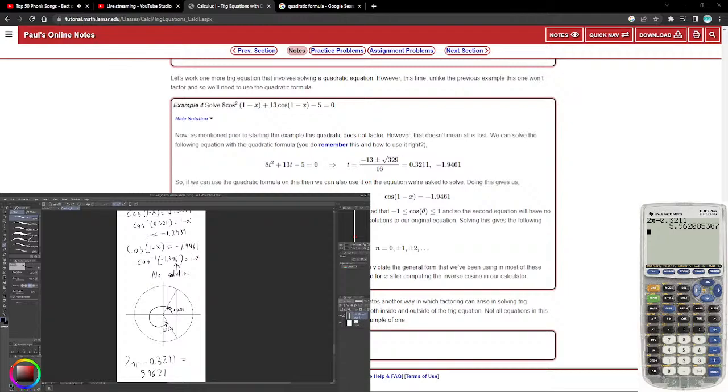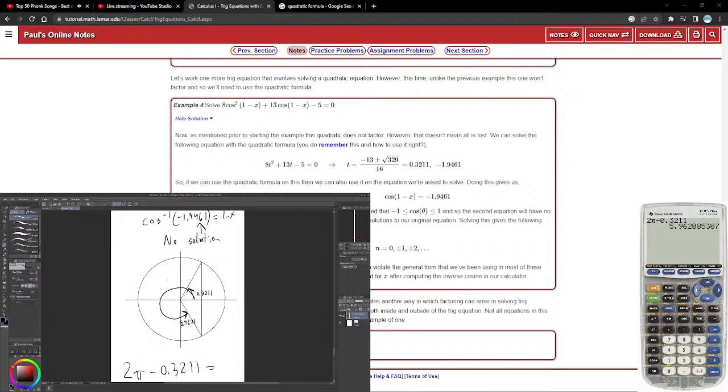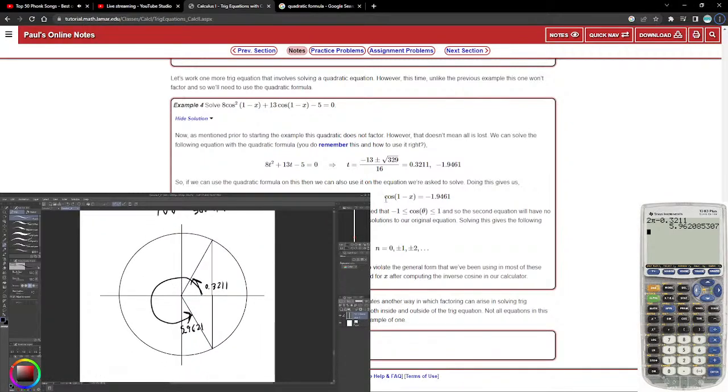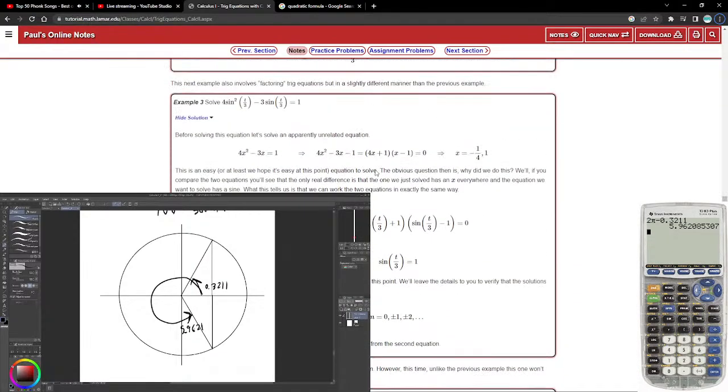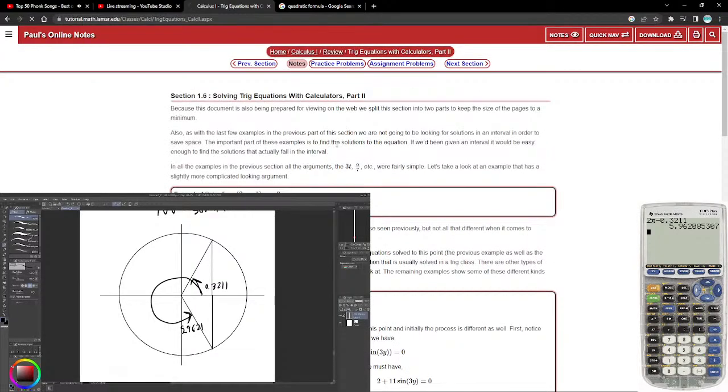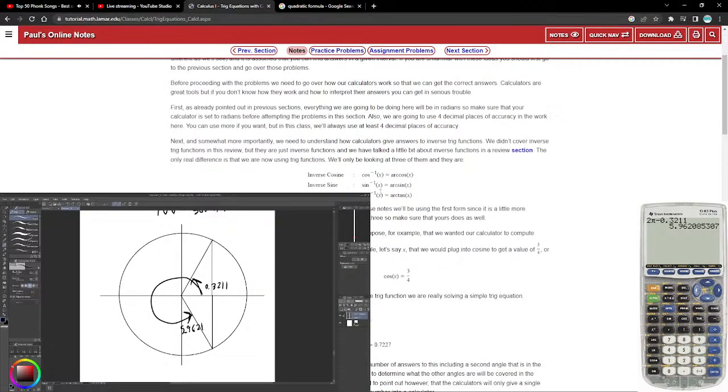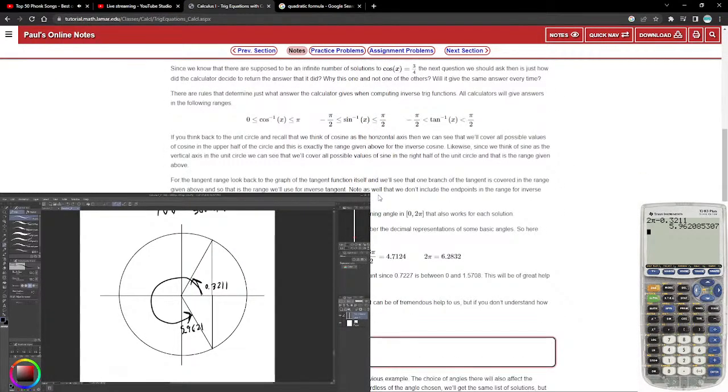I don't understand, because it's definitely in the first quadrant to begin with. Would 5.0393 be in the fourth quadrant? No, that'd definitely be in the fourth quadrant.